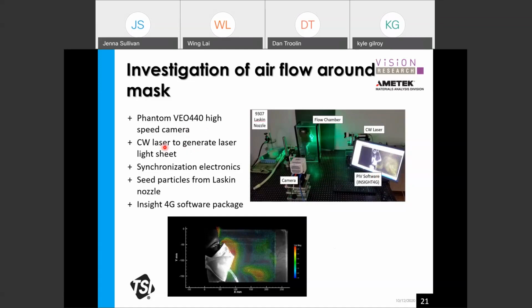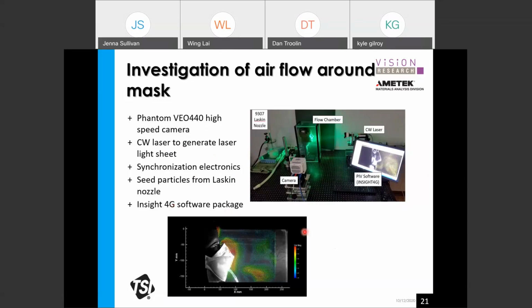The laser is a continuous wave laser, and a laser light sheet is generated from the single beam. The electronics is behind that, to make sure the camera captures and the laser light are synchronized. The seed particles are generated from these nozzles, and the software, Insight 4G, was used for image capture and analysis.